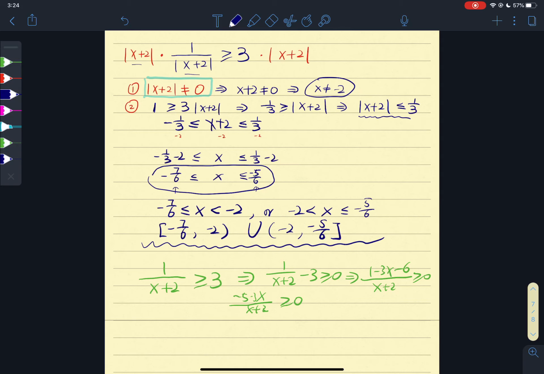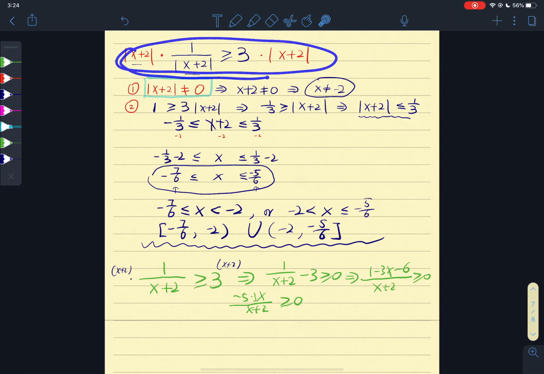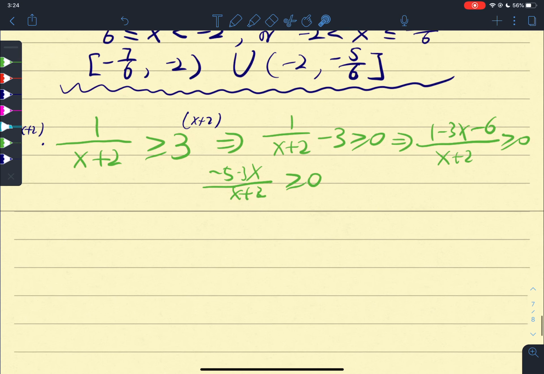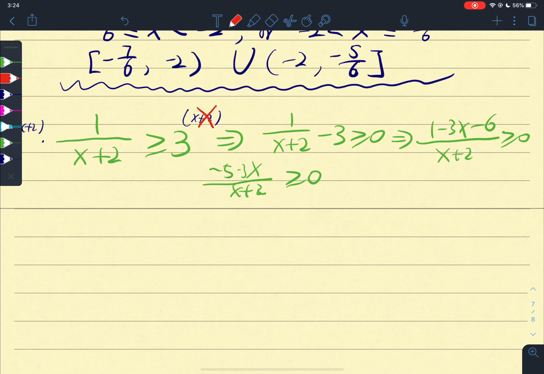You may say, hey, why didn't you multiply x plus 2 to both sides, just like what you did in the previous problem, the absolute value problem? Why didn't you do that? The reason I could not have done that, and that would have been wrong, is because you have no idea what x is. You have not solved for x yet. Therefore, I have no idea whether x plus 2 is greater than 0 or less than 0. So there's uncertainty here.